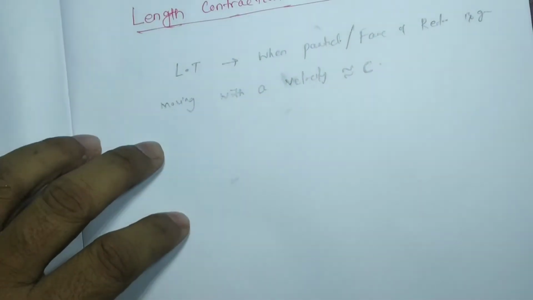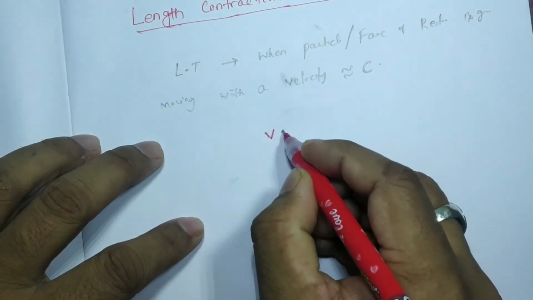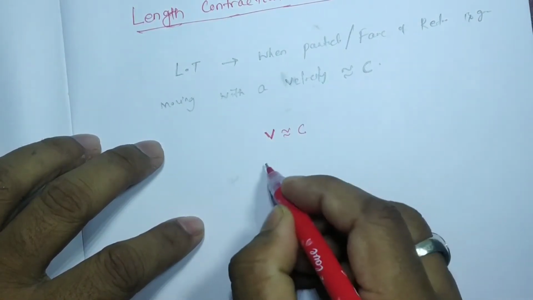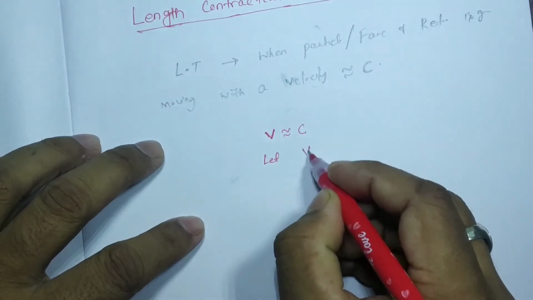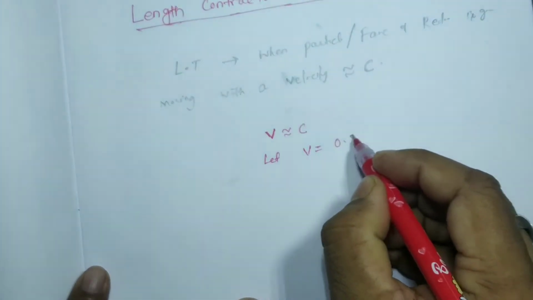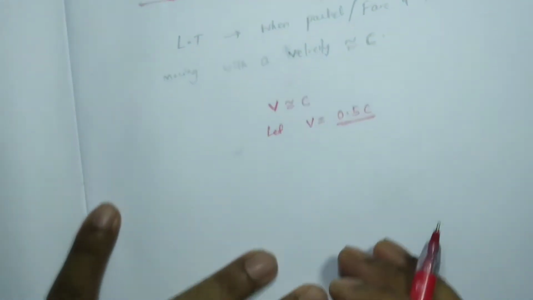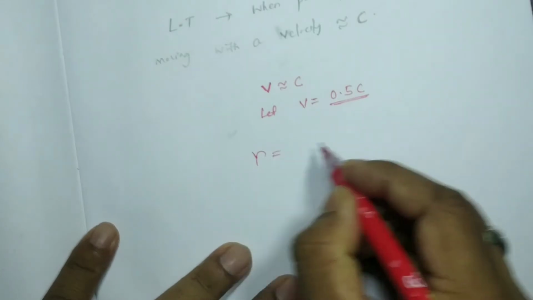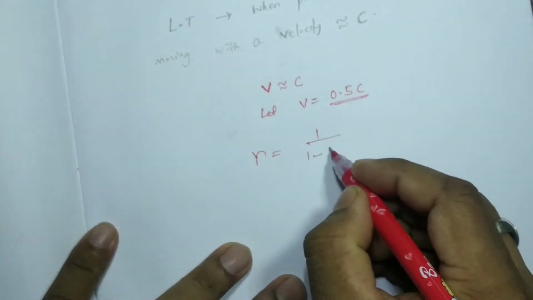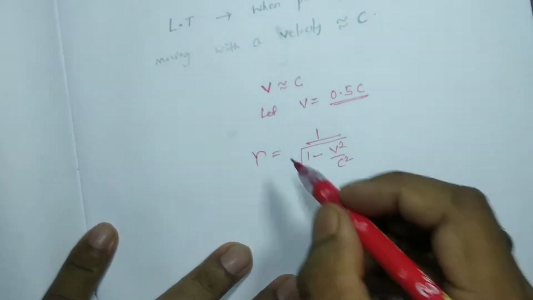Let us consider v equal to 0.5 c. Now gamma is nothing but 1 by the square root of 1 minus v square by c square.